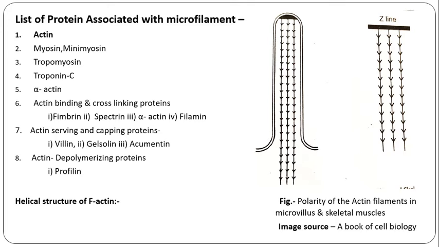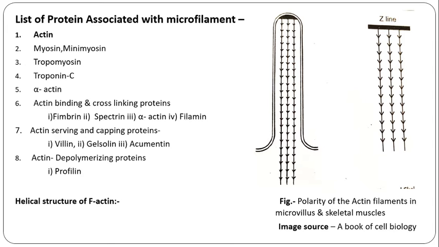Then tropomyosin, whose function is to inhibit the interaction between actin and myosin. Then troponin C, which senses the increase in calcium and releases the inhibition. The fifth is alpha actinin. The sixth is actin binding and cross-linking proteins: fimbrin, spectrin, alpha actinin and filamin.